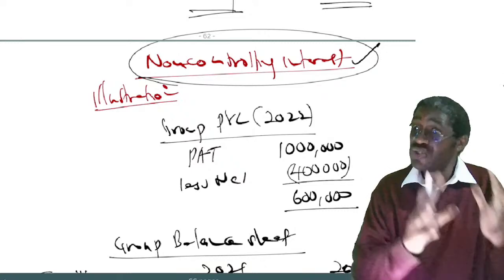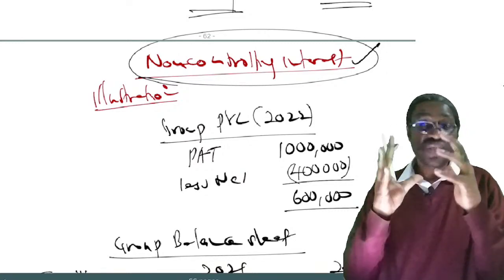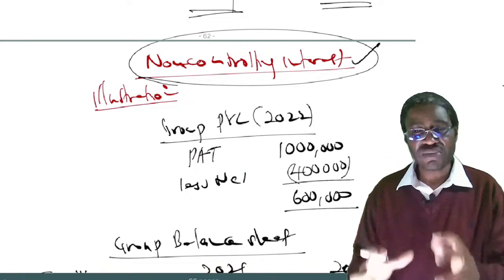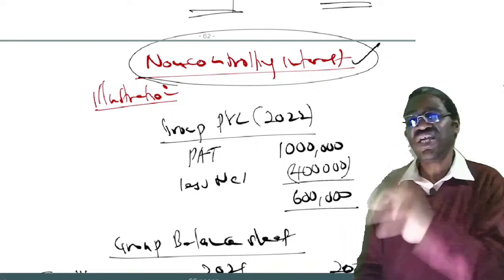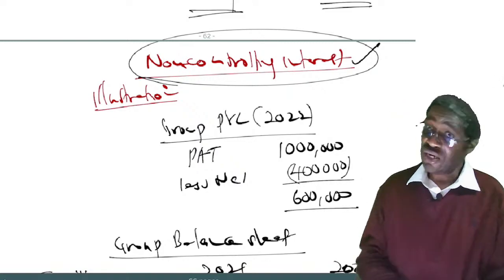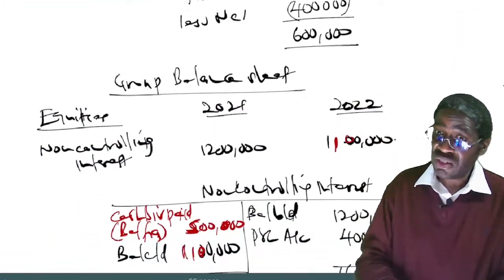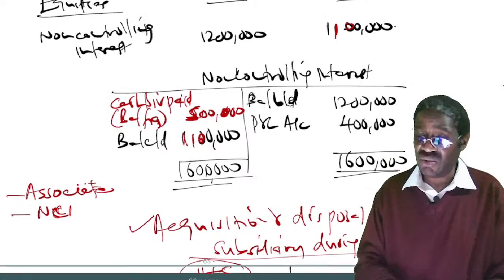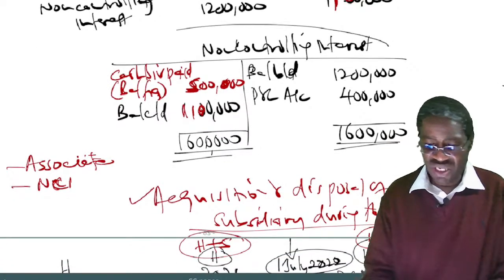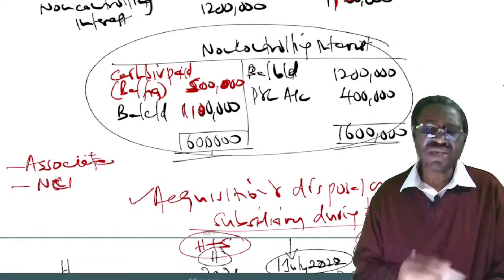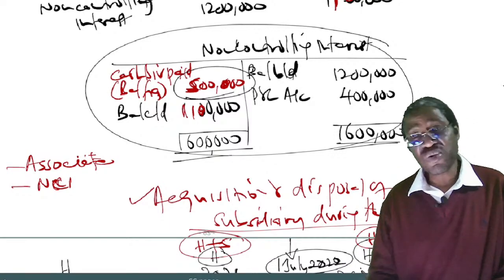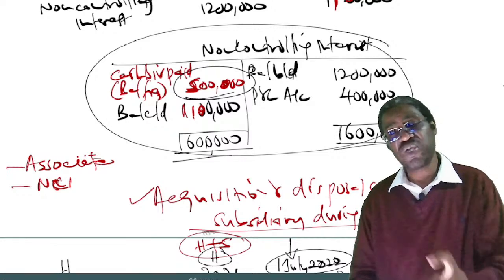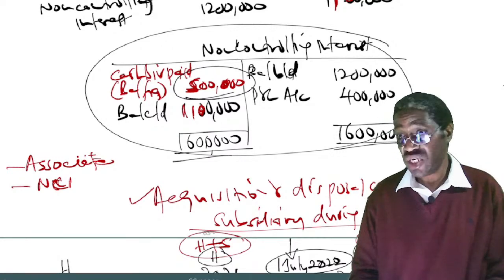As far as cash flow is concerned, I hope you remember, we said you calculate what we were calling the cash dividends paid to the non-controlling shareholders. And when we prepared that account, we said whatever you get as a balancing figure in that account will represent the cash dividends paid to the non-controlling shareholders.